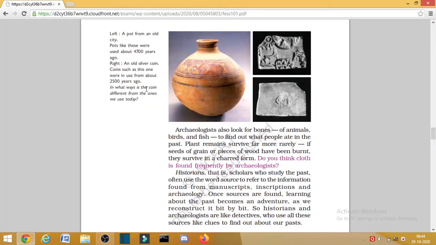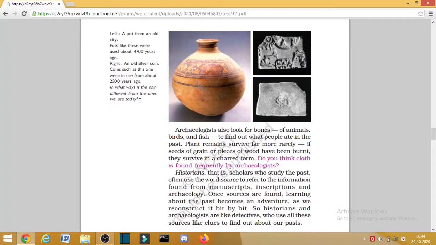In what ways is the coin different from the ones we use today? Compare those coins with our present day coins, what is the difference you find, children? Ancient coins and modern coins. In ancient days, coins were made of copper, silver, and gold, whereas in modern days, coins are made of steel.